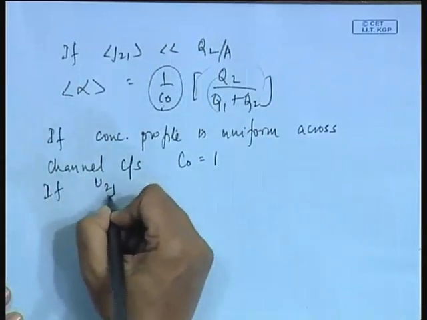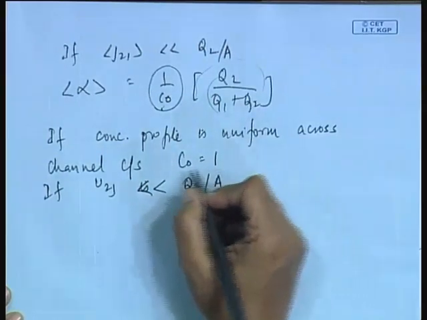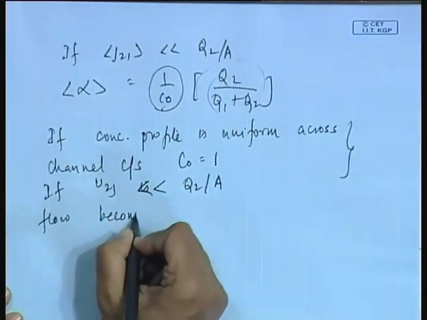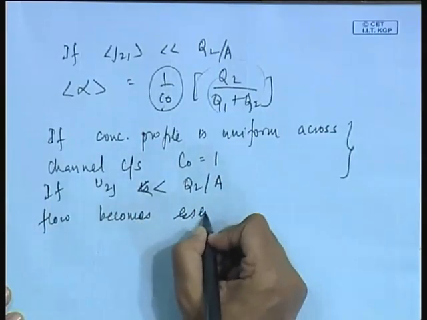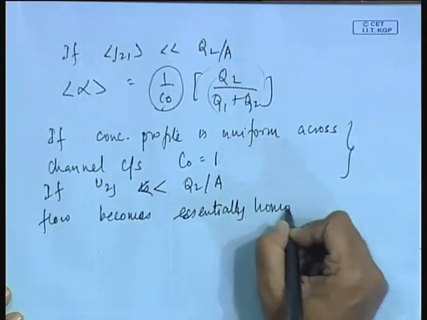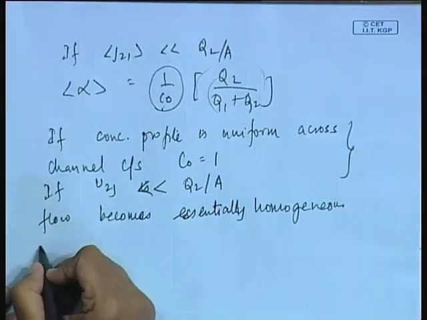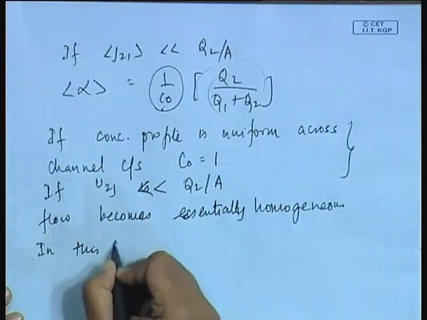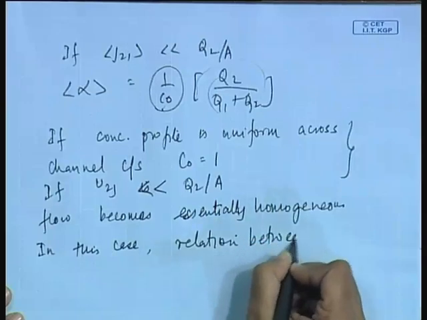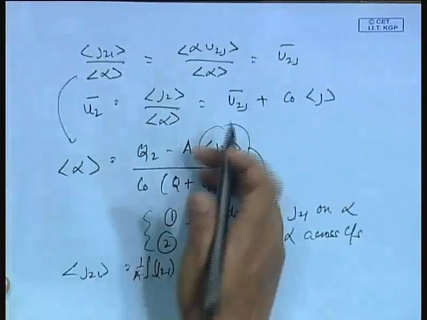If J21 is much less than Q2 by A, then for these two cases we get flow that becomes essentially homogeneous. Okay. And then what happens in this particular case, the relation between, when this happens, under that particular circumstance what happens?